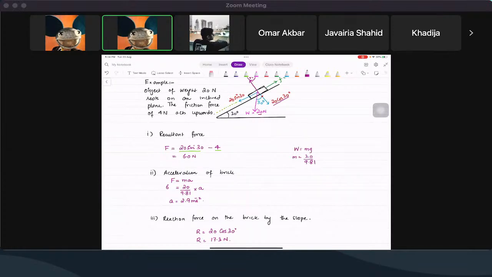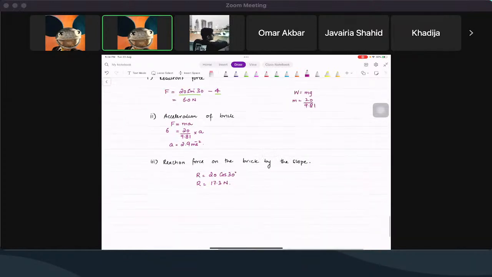Okay. Now this is a sort of question which could be connected to kinematics as well. So let's look at that too. Let's do one more question.